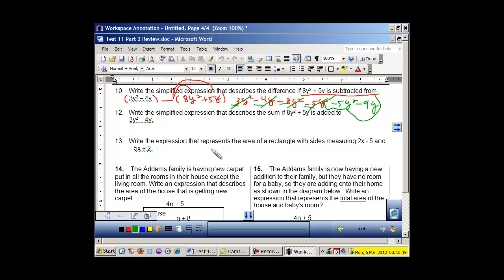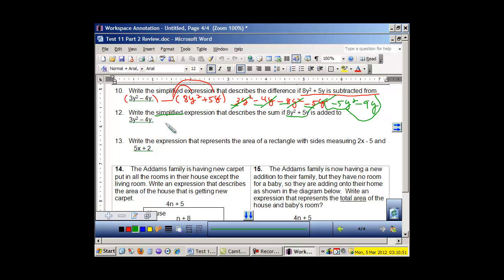Okay. Well, write the expression that represents the area of a triangle with the sides measuring this and that. Well, hello. A equals length times width, right? So this is my length, that's my width. So I'm doing 13. Let's go back and do 12 first. Okay, I've got this is added to this and simplify it.